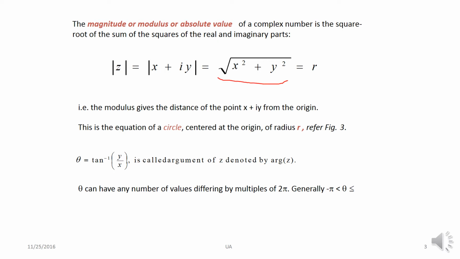That is, the modulus gives the distance of the point x plus iy from the origin. So we have seen that r is the distance between the origin and the given point, which is equal to under root x square plus y square.